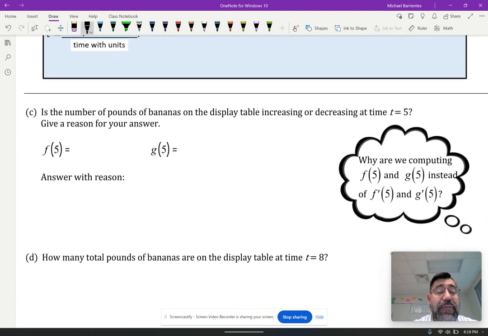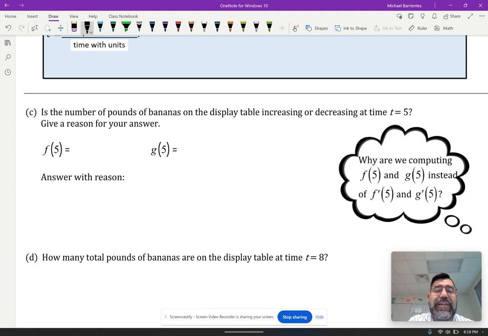Is the number of bananas on the display table increasing or decreasing at time 5? So by the time I get to hour number 5, the employees have already started to add more bananas. Customers are still taking away more bananas. So if I can figure out the rate at which the bananas are going out at time 5 and the rate at which bananas are coming in at time 5, then I can see, well, who's winning the battle?